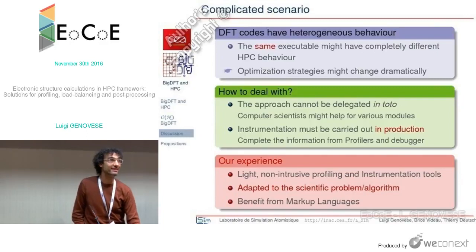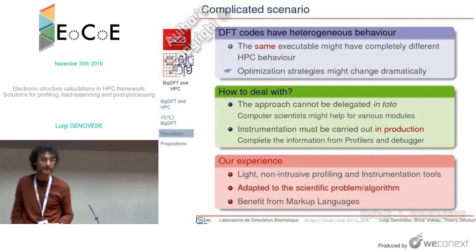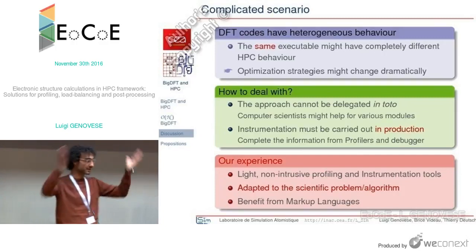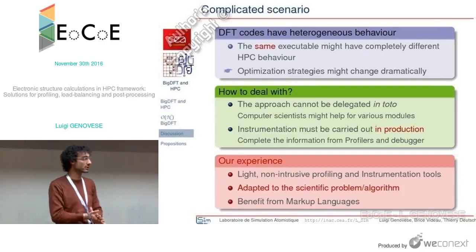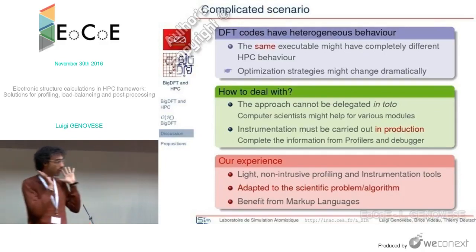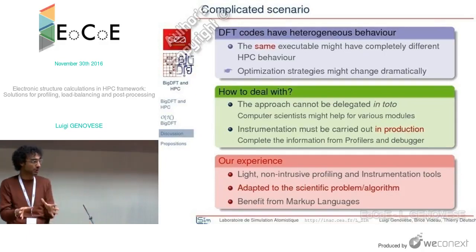The point, and these are the considerations I would like to share with you today, is that the same executable, the same BigDFT executable in our case, but there are similar situations in other codes in our community, may have completely different runtime properties by just changing the input file. So you have one machine, one executable which is compiled for this machine.